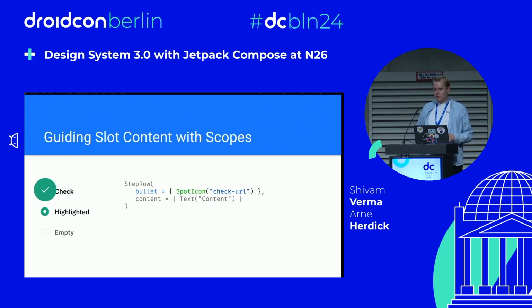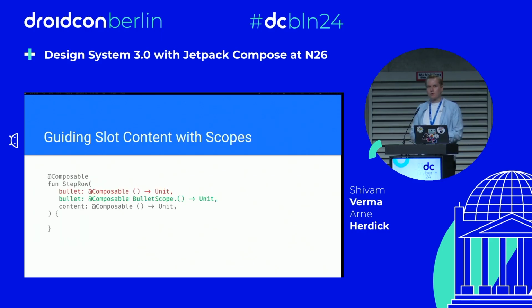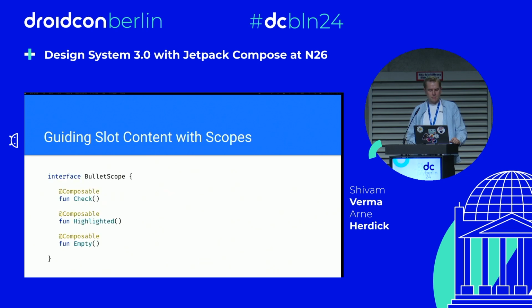What we can do to avoid this is building a custom scope. Then the signature of the step row changes: it's still the bullet slot, but now with the bullet scope. This bullet scope you would build as an interface, which just has the correct bullet functions. So it's super easy for the developer. There are just three to pick.